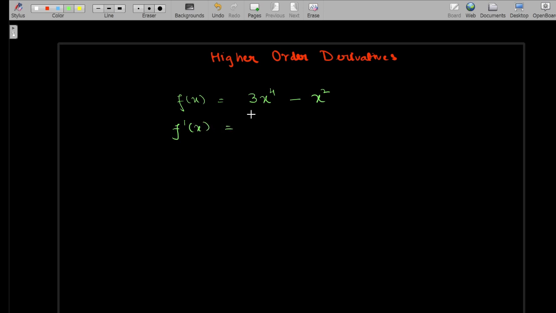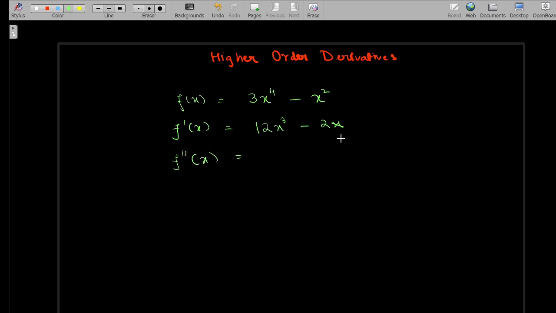So what will you get when you differentiate it first time? So 12x cubed minus 2x. Now if you differentiate this function again, that means f double prime x.